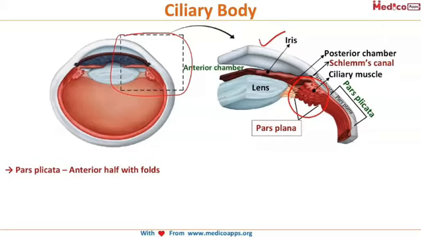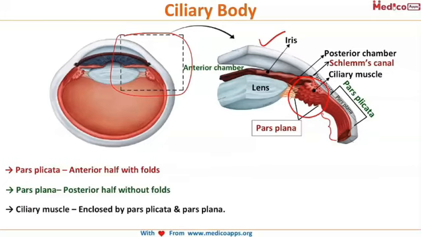Okay, so we are going to call it pars plicata, and the posterior part, this plain structure over here without any folds, is your pars plana. Okay, the anterior part of ciliary body is pars plicata and posterior part is pars plana, and enclosed within these two structures is one of the most powerful muscles of the eye, that is the ciliary muscle. This ciliary muscle is enclosed between pars plicata and pars plana.